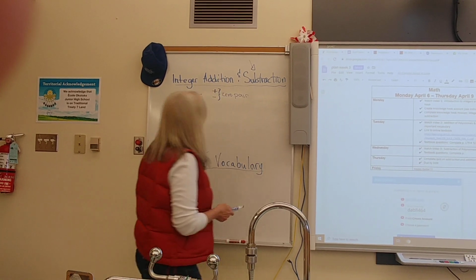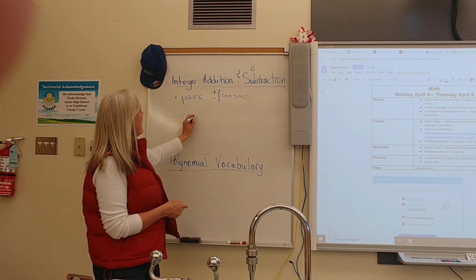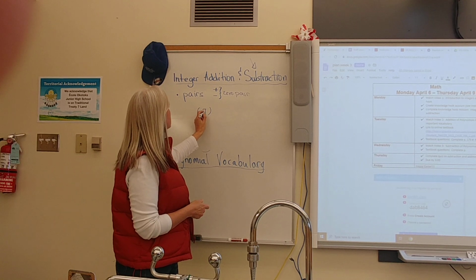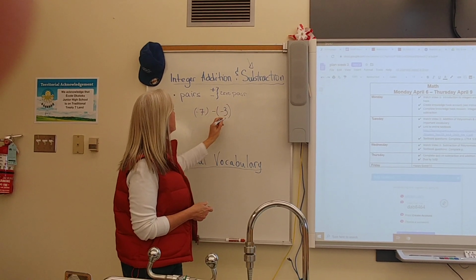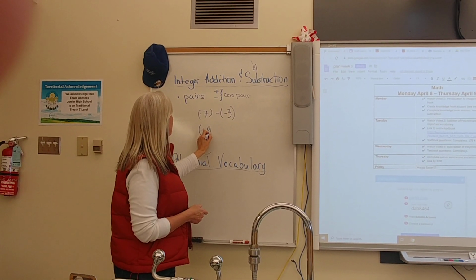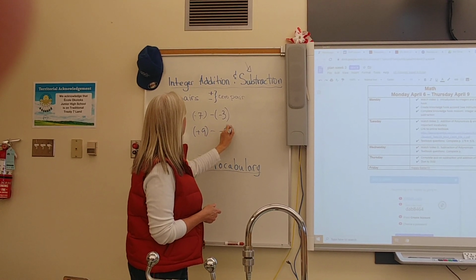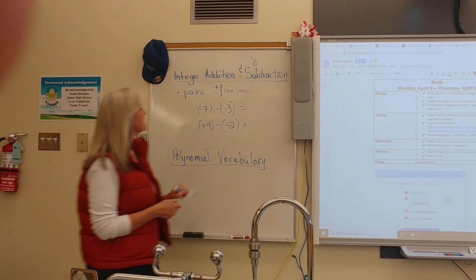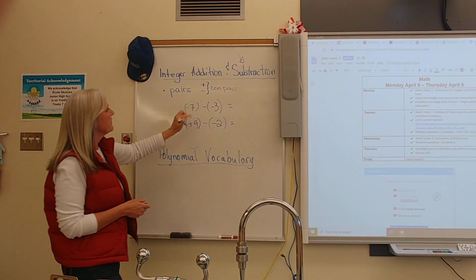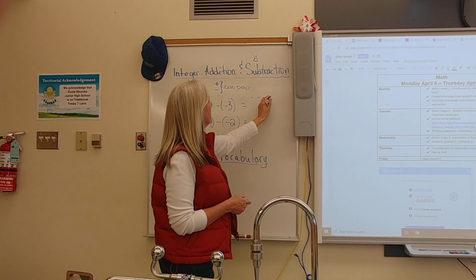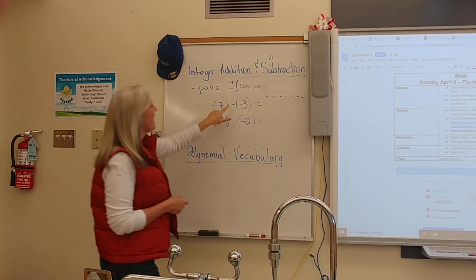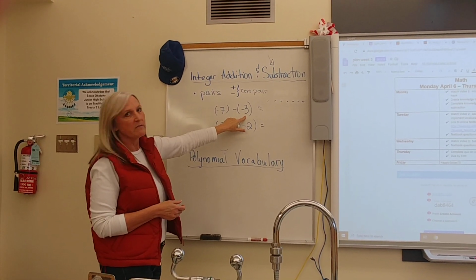Subtracting integers gets a little more tricky. We can have simple ones, such as this, or this. I have negative 7. I'm just going to draw them. 1, 2, 3, 4, 5, 6, 7. I'm taking away negative 3.